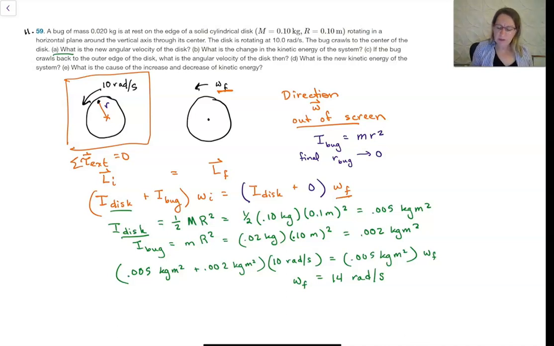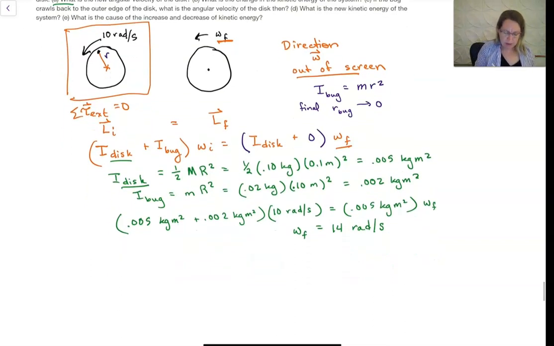All right, this is a bunch of parts. Now part B, what's the change in kinetic energy? For part B, we need to find the kinetic energy to start with and then the kinetic energy final. The kinetic energy to start with is going to be 1/2 times I of the disk plus I of the bug, times omega initial squared.